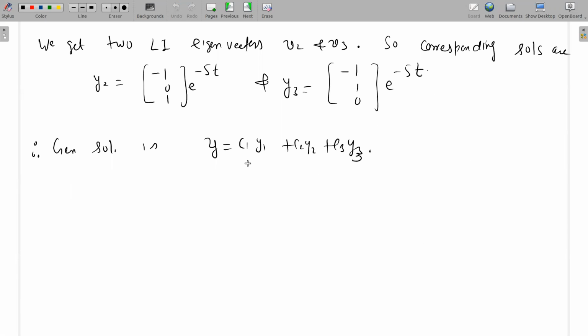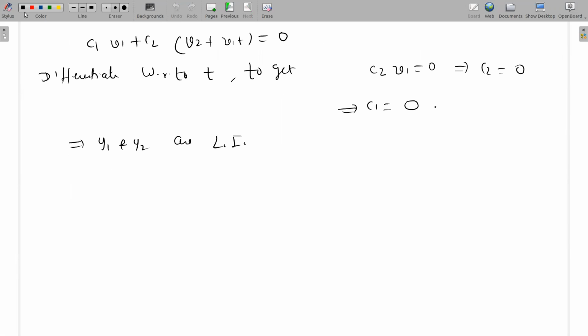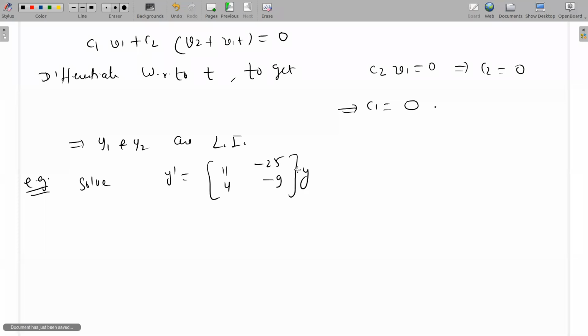So I'm taking a 2x2 example. For example, solve the system y dash equal to A y.